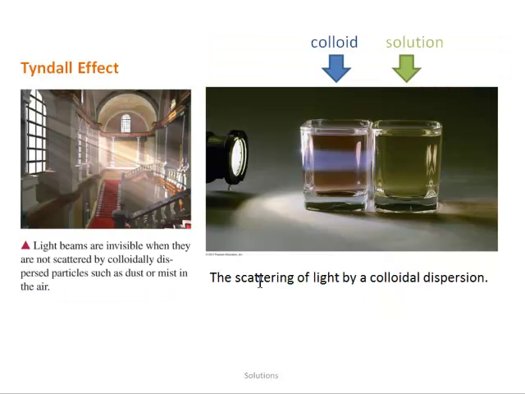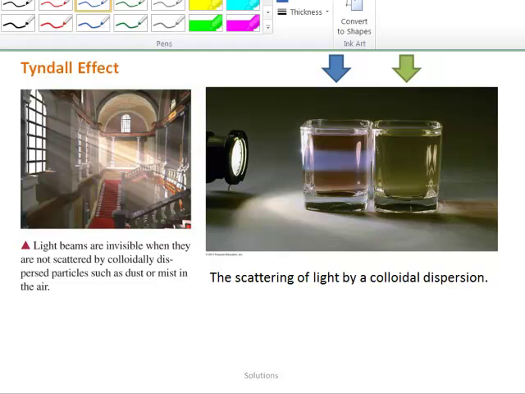One of the outcomes of a colloid solution is that these molecules or atoms are large enough that they can scatter light. Light will actually bounce off these large aggregates of molecules. You can see this effect, known as the Tyndall Effect.